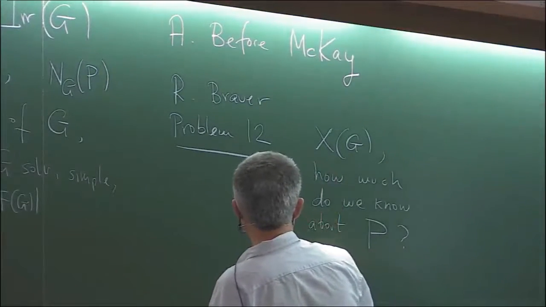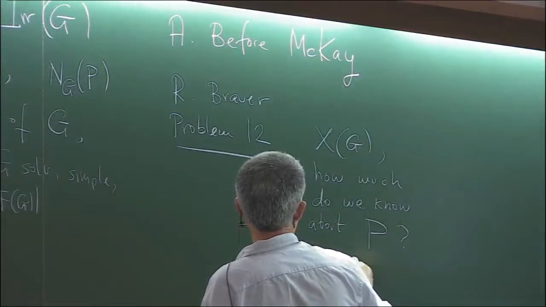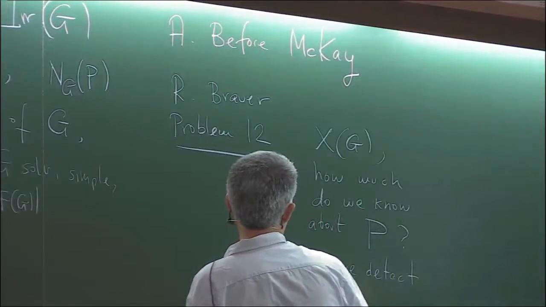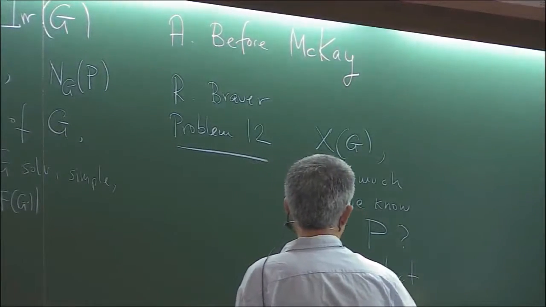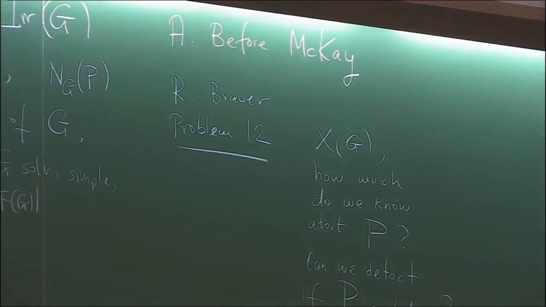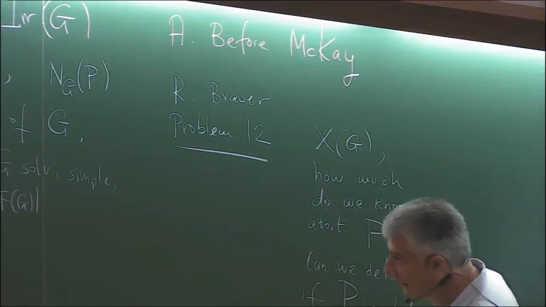He asked, can we detect if P is abelian? This problem was solved in 1995 by Wolfgang Kimmerle and Robert Sandling.